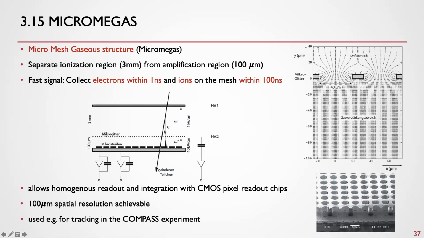There is a simple gate here, the Mikrogitter in German, and the spacing is again in the tens to hundreds of micrometer regime, and it is put at a voltage such that we have a drift electrical field of 1 kilovolt per centimeter.